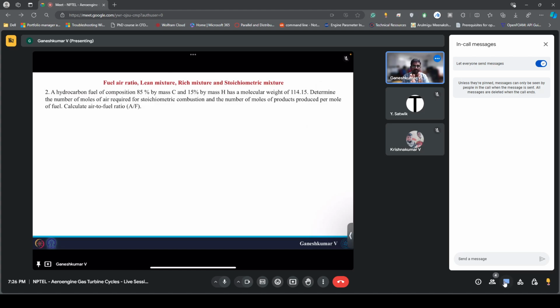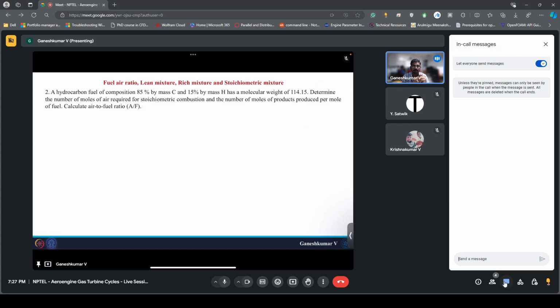Using this, you will control the exit temperature of the combustion chamber. The reason is, once the air exits the combustion chamber, it enters the turbine, and in the turbine we have material limitations. We cannot exceed a certain temperature. Either we need to cool the turbine, and even if you cool the turbine to the maximum extent possible, maybe you can reach up to 2000 to 2200 Kelvin. That's the current state of technology, probably a little higher.